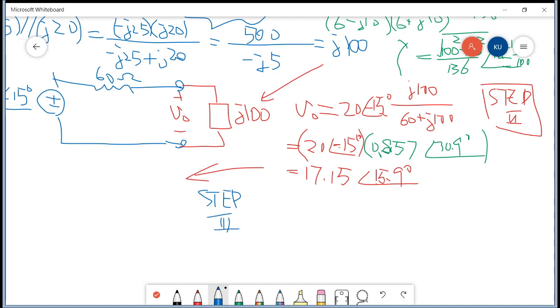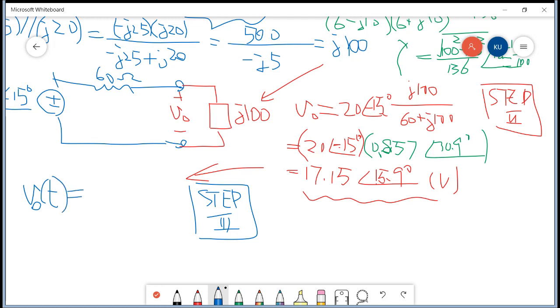You get the answer in the phasor domain and then convert it back to the time domain. So you see that the answer is this one, and then V out will be 17.15. Not enough space.